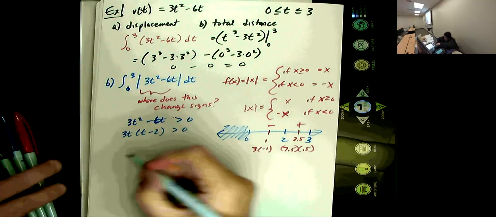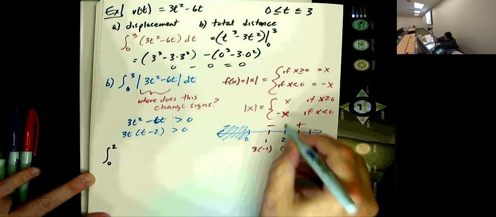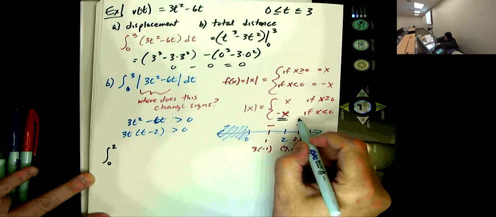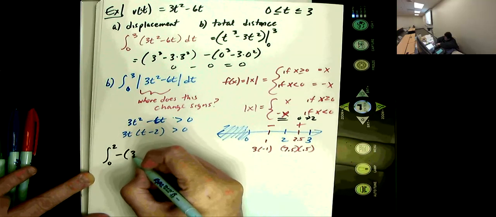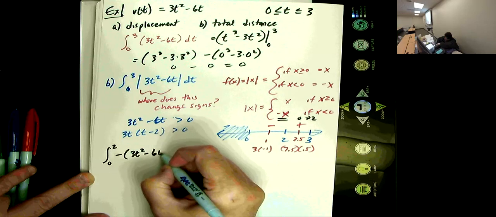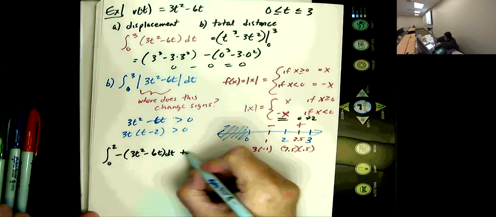Which means we're going to break this up into two integrals. From 0 to 2, it's negative, so we're going to apply the negative from 0 to 2. And then from 2 to 3, it's positive.